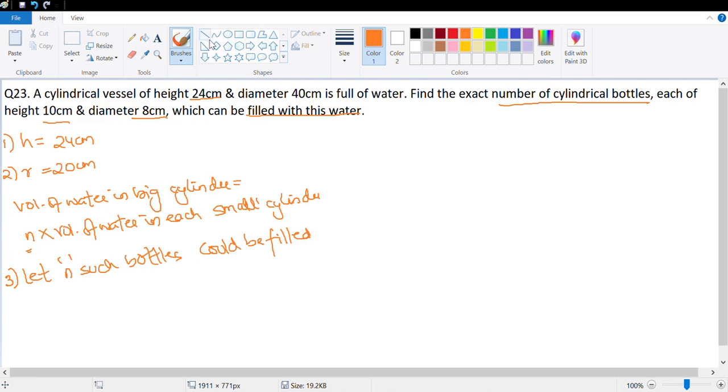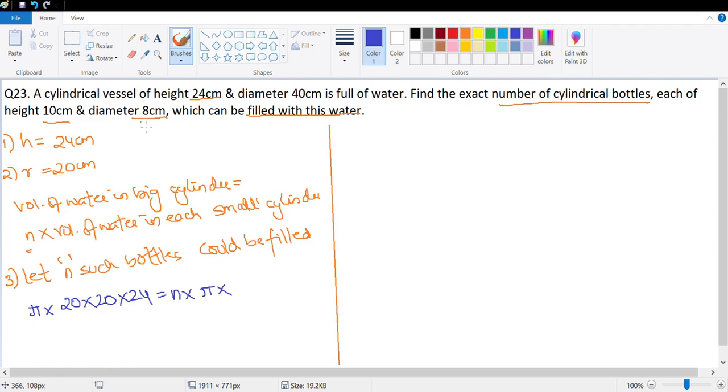Now that we've got the formula and we've understood, let's just substitute values. The volume of water in the big cylinder is given by the formula pi R squared H, where R is 20 and H is 24, which equals n times the volume of water in the small cylinder, pi R squared.